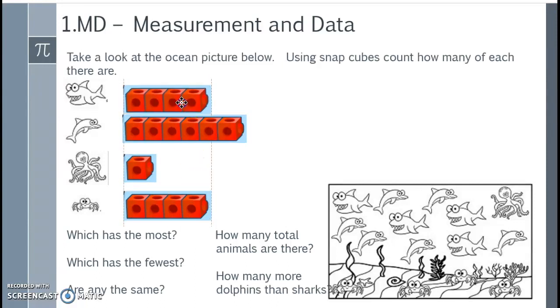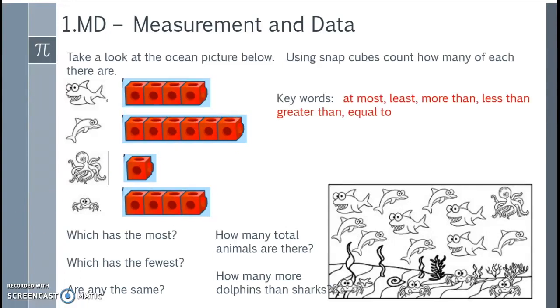If I put these right next to each other here, I see, based on things that we learned earlier in our first grade clusters, that there are 2 more dolphins than there are sharks. Some key words that are important in this lesson are at most, at least, more than, less than, greater than, and equal to. So, describing words.